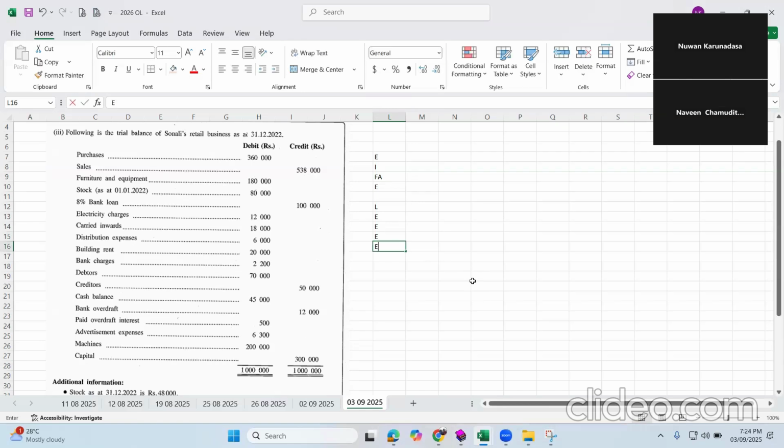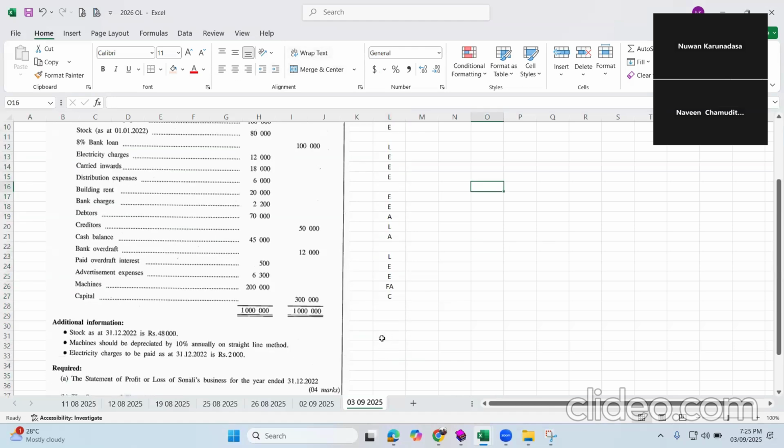Distribution expense, building rent expense, administration. Bank charges again an expense. Then debtors are assets, creditors liability, cash balance asset, bank overdraft liability, paid bank overdraft interest expense, advertisement expense, machines fixed assets, capital is anyway capital. Now I have classified them, it's easy for you to identify where to write each. Very easy, right? So this classification is very important.